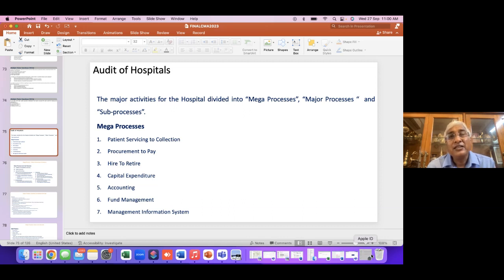Anything can come. For instance, in the old course, in the 2016 syllabus, the audit of a hospital was selected as a case study. In the new course also something has been selected, which I am yet to find out because I was not an examiner of the new course.